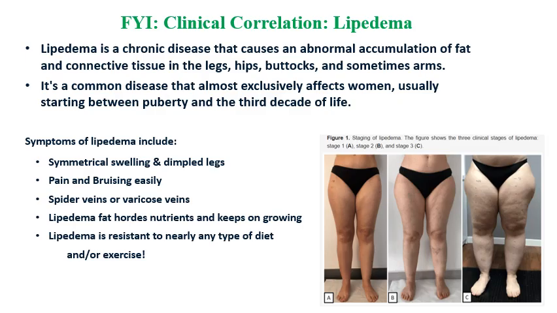Well, lipedema tends to accumulate from the waist down. And most people affected by lipedema are women. Last time I looked at the statistics, about 10% of women are affected at some level of lipedema.